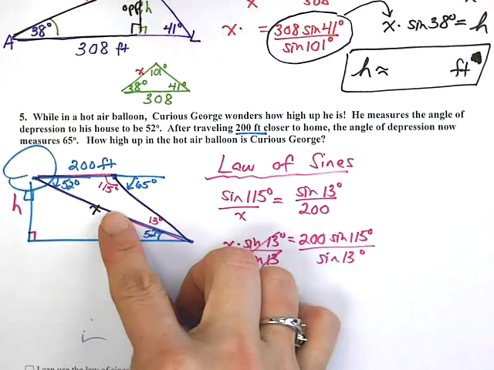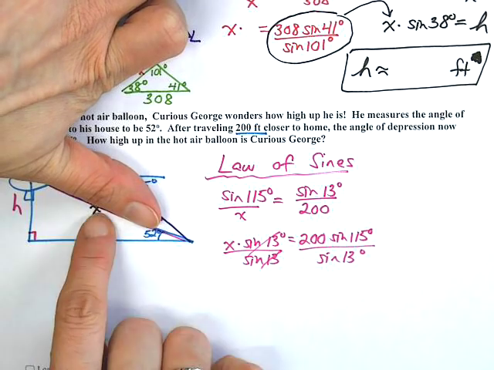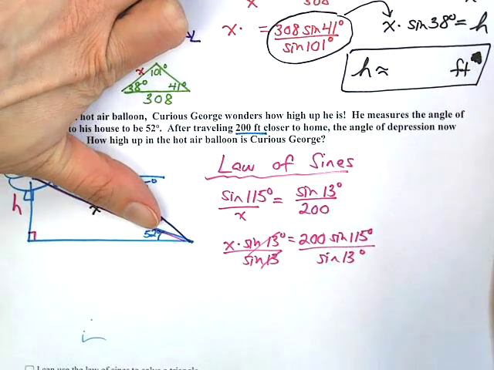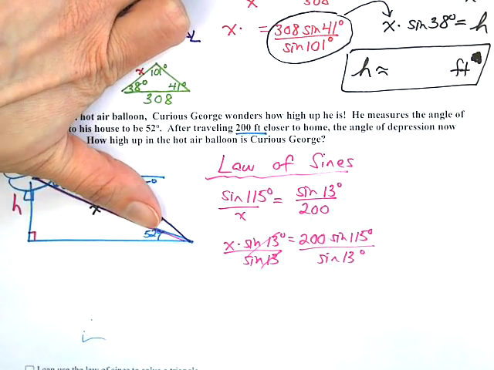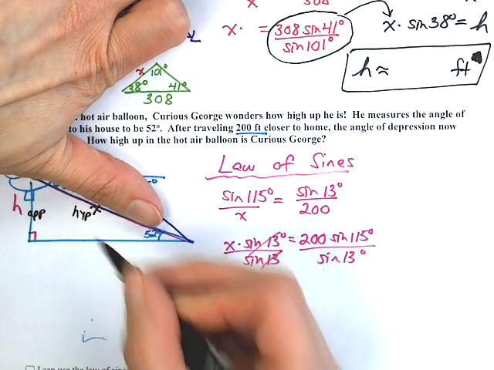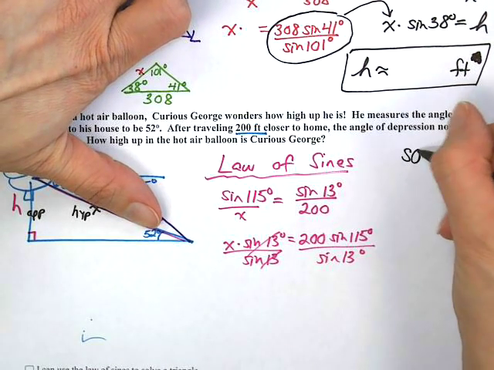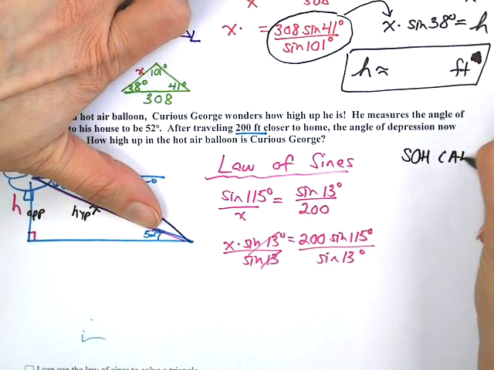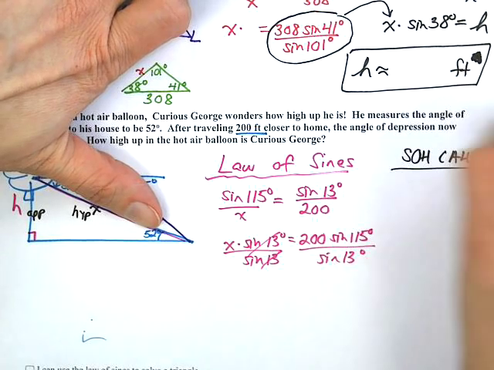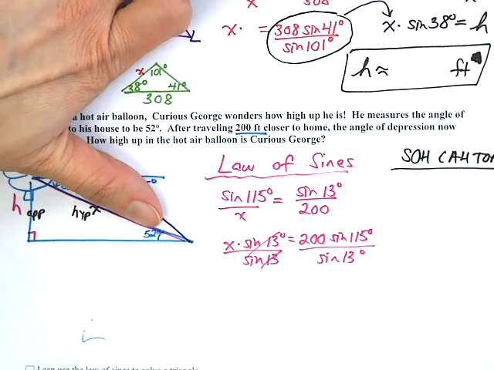After you do law of sines, you're going to look at this right triangle, this little right one. I know the hypotenuse. Let's label this up just a little bit. And I want to find the opposite. So now we could just do Sohcahtoa. Okay, so step 2, Sohcahtoa. And which function is opposite and hypotenuse?